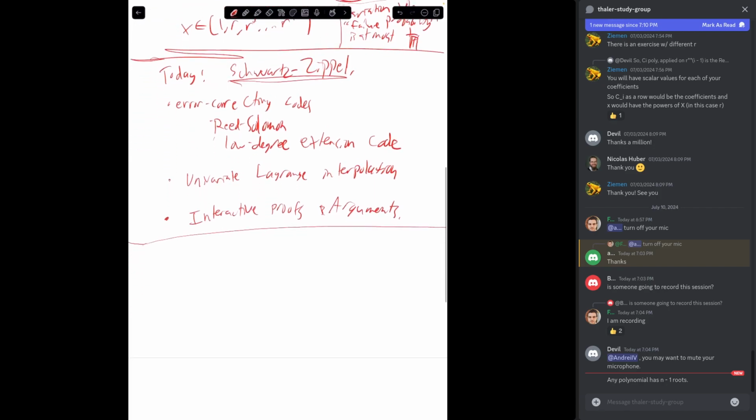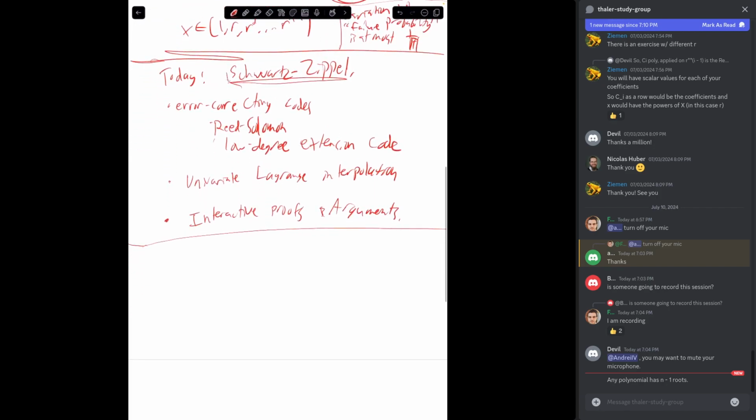All right. Okay. So yeah, Schwartz-Zippel is a statement about multivariate polynomials, and so I want to briefly discuss what it means to talk about the degree of multivariate polynomials. So now let q of x1 to xn be an n-variate polynomial. Okay, and let me give some examples here.